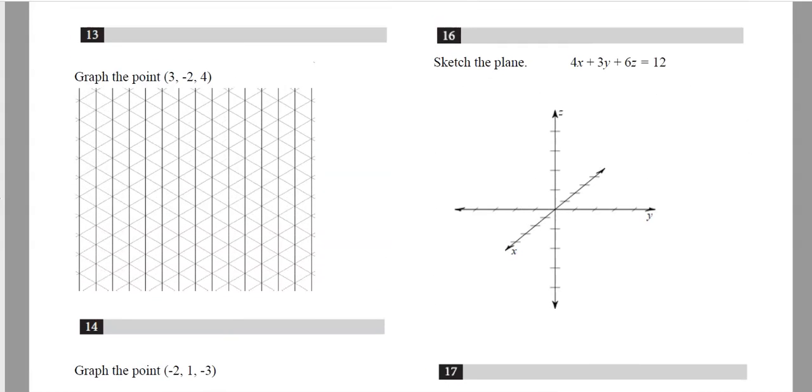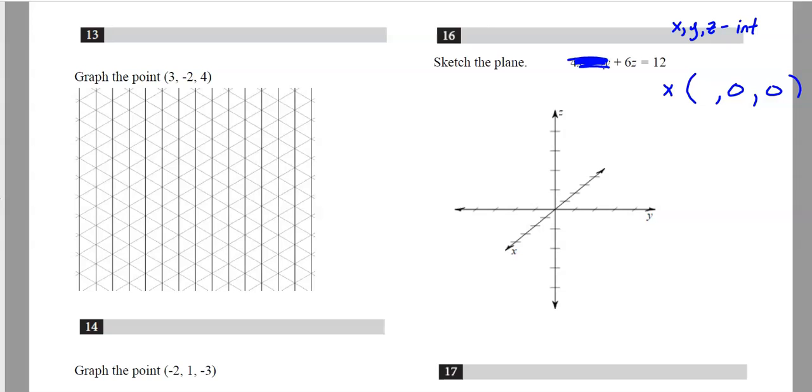Number 16, sketch the plane. So on these ones, you basically are going to graph using the intercepts. So I want to find the x, y, and z intercepts. So those are usually pretty easy because all you have to do is plug in 0 for the other numbers. So for the x-intercept, I'm going to put 0 in for y and z. So I kind of cover up this part.